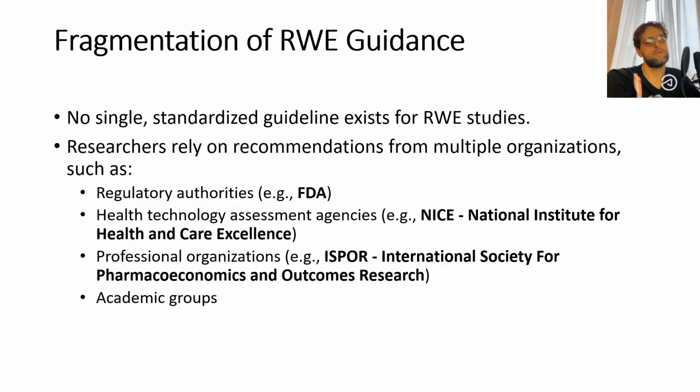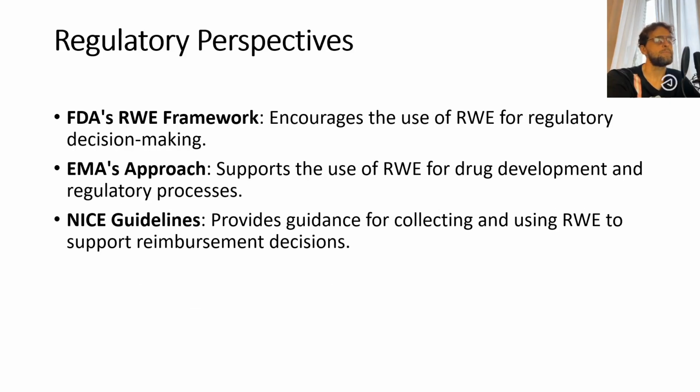For example, if we are going to use this data for a certain authorization process in the United States, we should follow regulations by the FDA and so on. So we have several different frameworks here, and these frameworks are encouraging us to use real-world evidence for regulatory decision making.